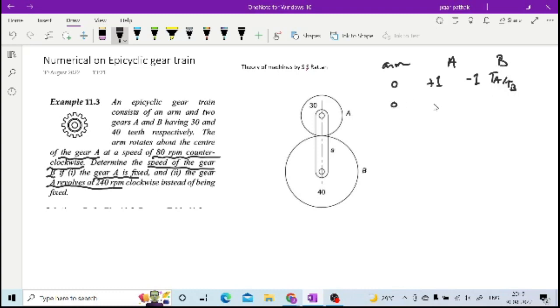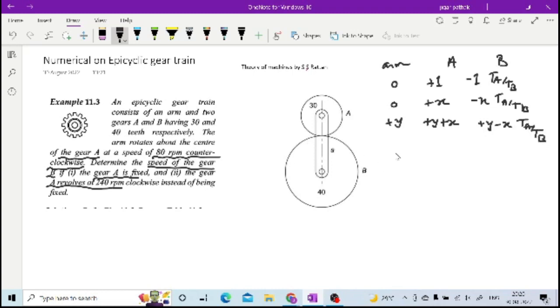Then we can put the values of TA and TB. Now at the end, plus y plus x, and then plus y minus x into TA by TB.